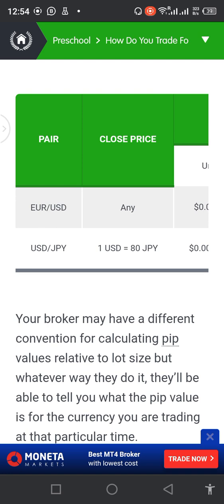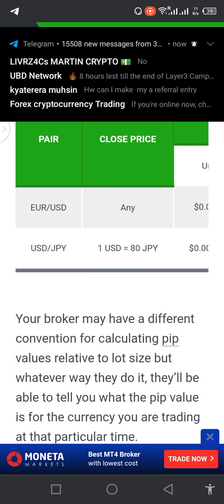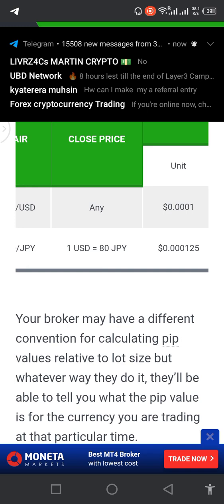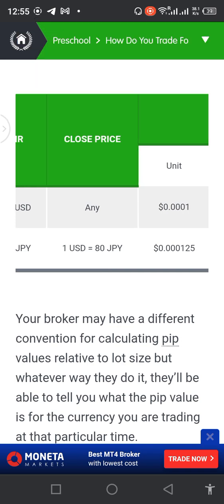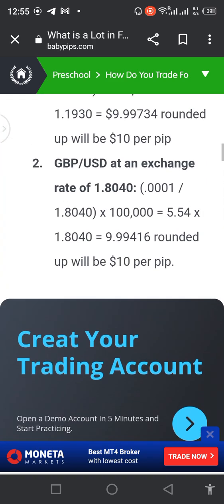So when you get the euro and it's not the USD first, you have to multiply the standard rate of that particular pair times the standard lot, then you get the answer. The answer equals the pip, but if USD is not first, you have to multiply it again with the standard lot, and the answer you get, you multiply it still by the rate.